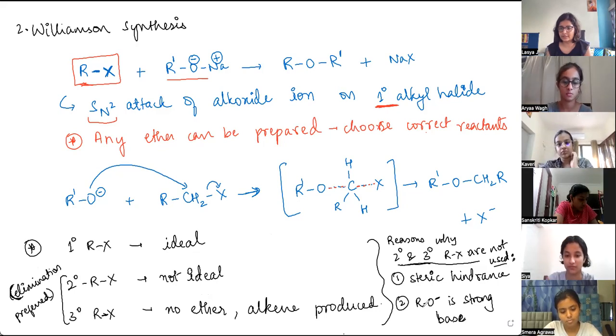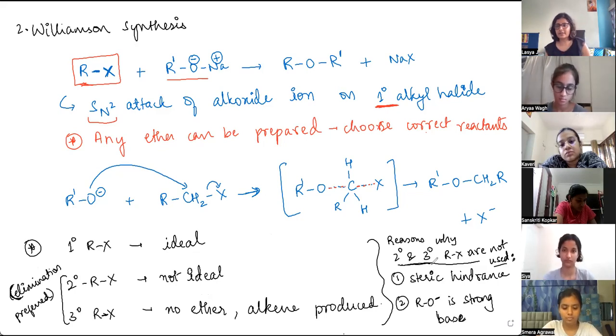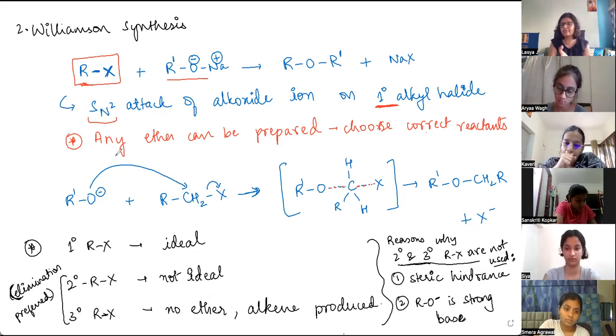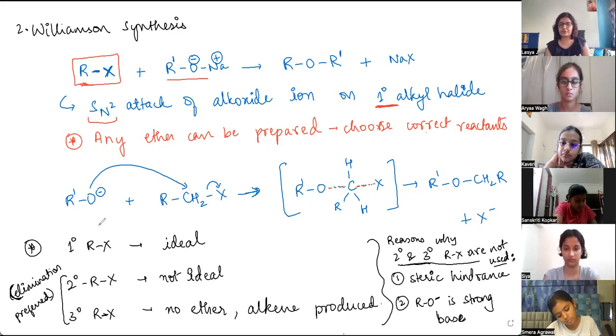So RO minus is a strong base. And if you have the possibility of a stable carbocation, and because of steric hindrance, SN2 is not as stable as the carbocation. So if it had to choose, should I go this route or this route, it's going to prefer the more stable route. So it's going to go with elimination rather than the SN2 mechanism or a substitution mechanism. I didn't understand.